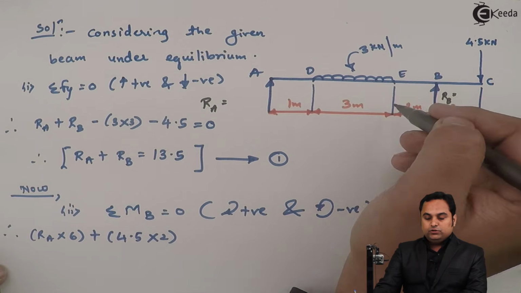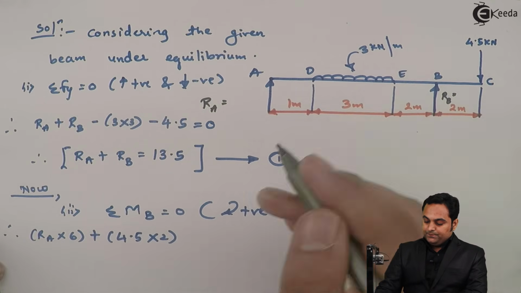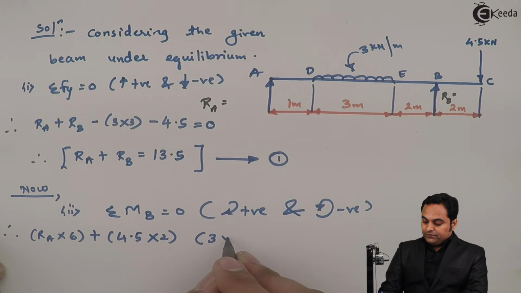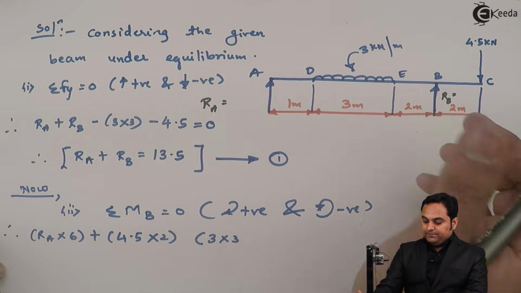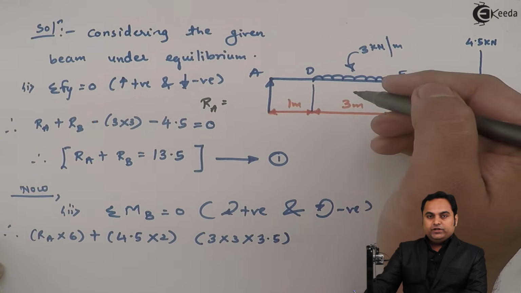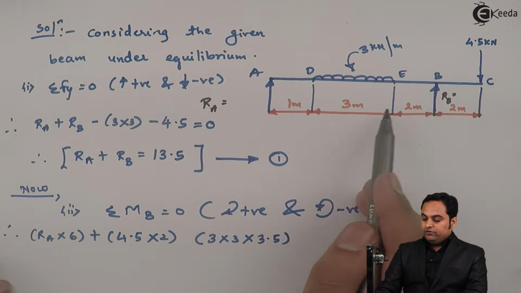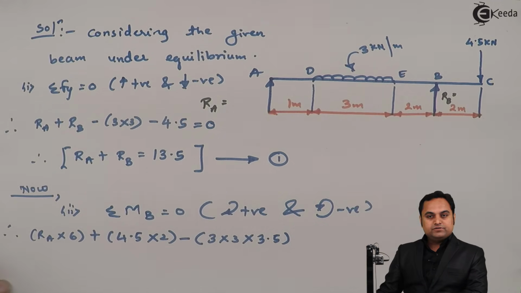Next we have this point load, which is UDL converted into point load, that is 3 into 3, and it is acting at half of 3, so 1.5 plus 2, that becomes 3.5, the distance between this UDL converted into point load and point B, and here it is negative because it produces anti-clockwise moment.